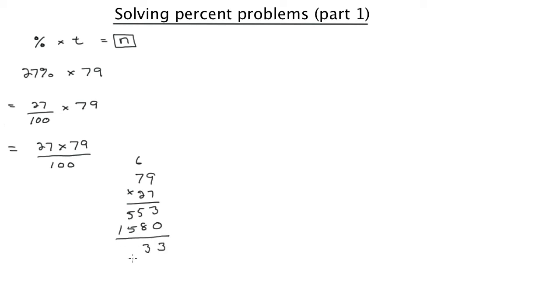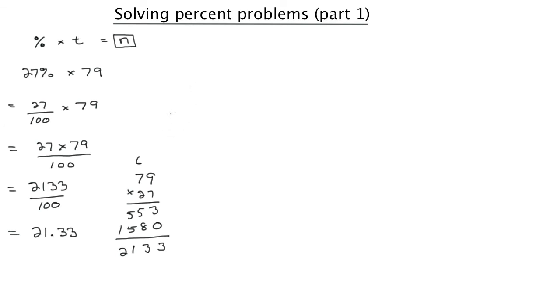That's 13, and 1 is 1, and 1 is 2133. So this is 2,133 divided by 100. Dividing by 100 moves the decimal over twice. I get 21.33.